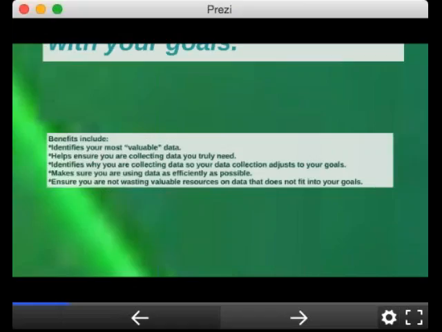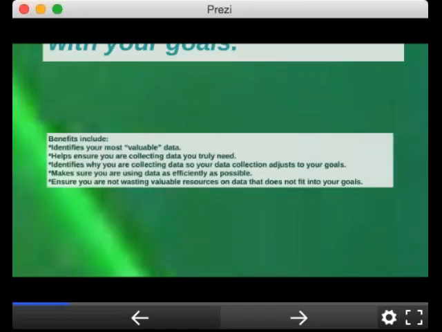It also allows for flexibility in data collection. That's another thing I have found. Typically, coalitions will collect the same kinds of data for many, many, many years without revisiting and wondering, is this meeting our goals? Have our goals changed over the past year or so?